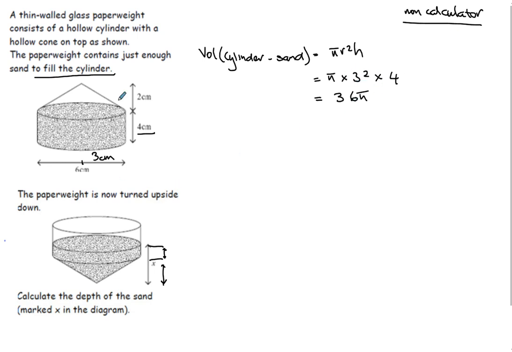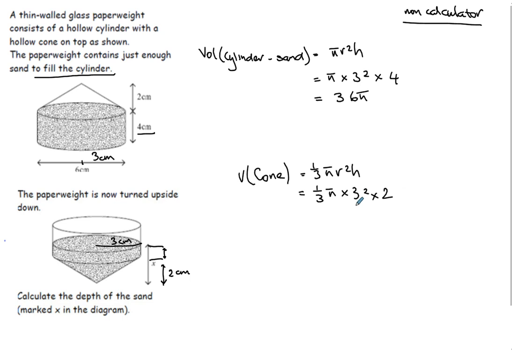Now it's been turned upside down. You know the height of the cone is 2 centimeters. So the volume of the cone equals 1/3 pi r squared h. We'll stick the numbers in. So you've got 1/3 pi times the radius, which is still 3, 3 squared, times the height, which is 2.